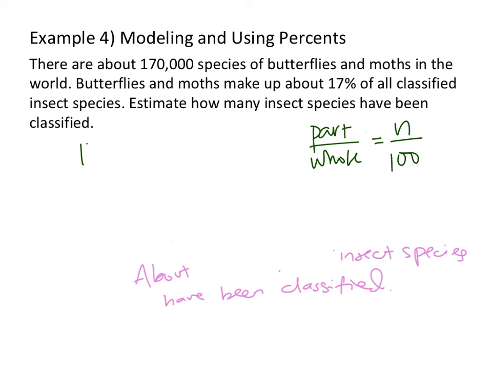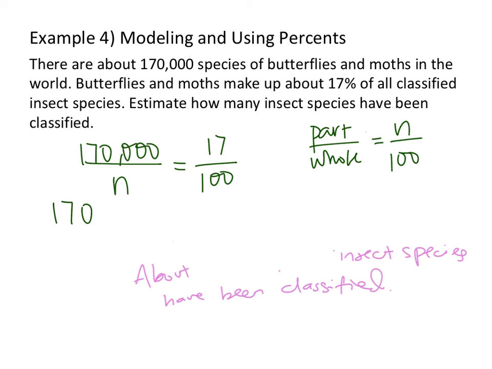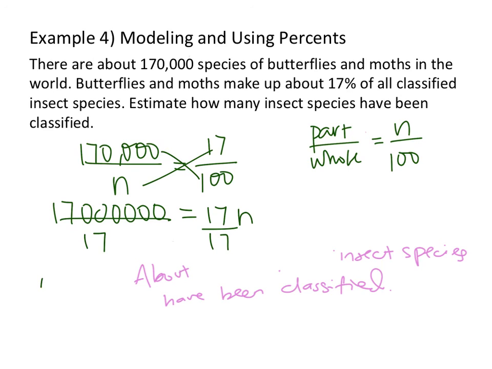So we'll just say that 170,000 over n is equal to my percent, 17 over 100. I'm going to solve this by using the cross multiplication property, which we learned before. That is equal to 17 n, dividing by 17, I'm left with the same thing, 1 million.